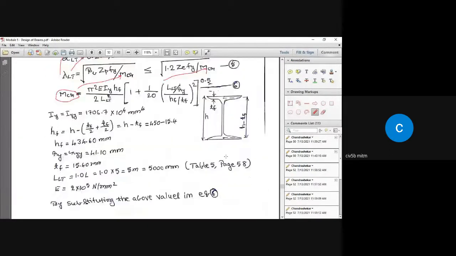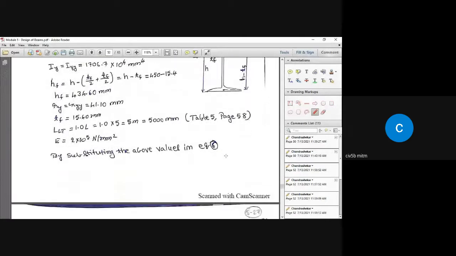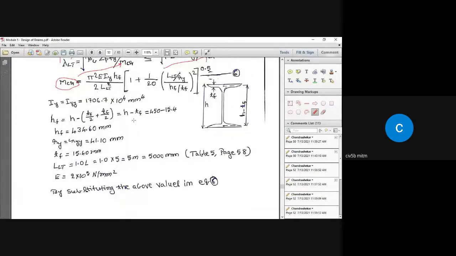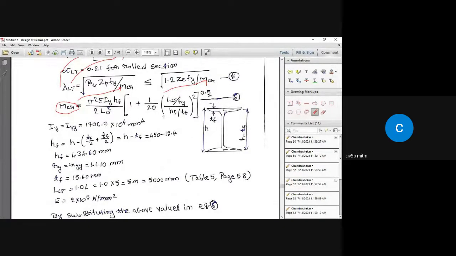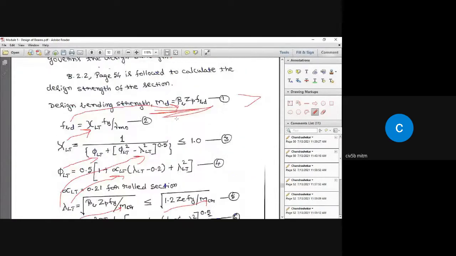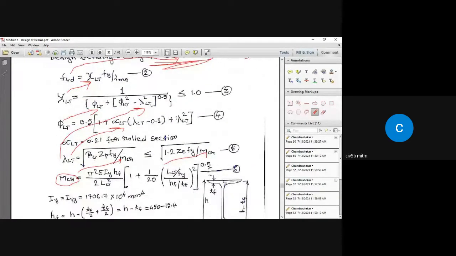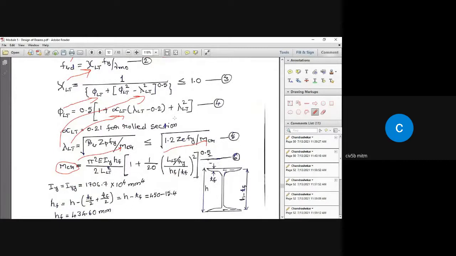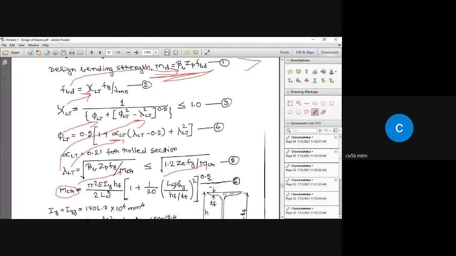So again, this is the example we have done. First I have taken this formula. I have written those formulas in a sequence, and I called those equations 1, 2, 3 up to 6. First tackle 6, make use of the value from 6 and substitute in equation 5.